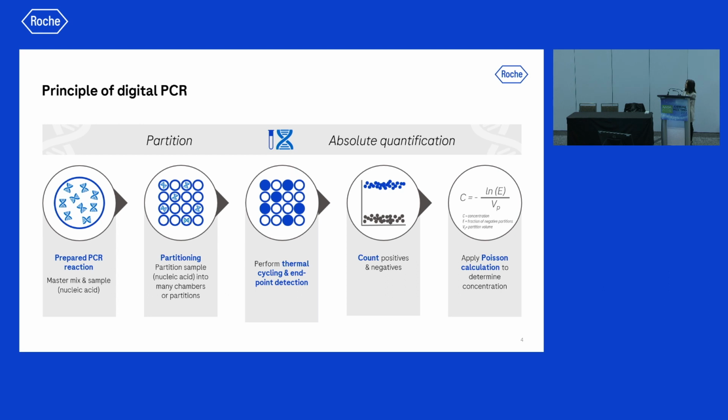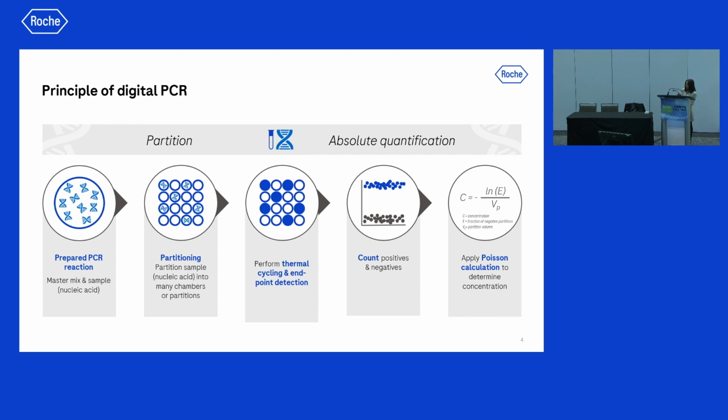And there is a classification of your negatives and your positives by drawing a threshold, which allows you then to apply Poisson calculation to determine the actual concentration. And that's necessary in order to compensate for if you had more than one molecule per partition.